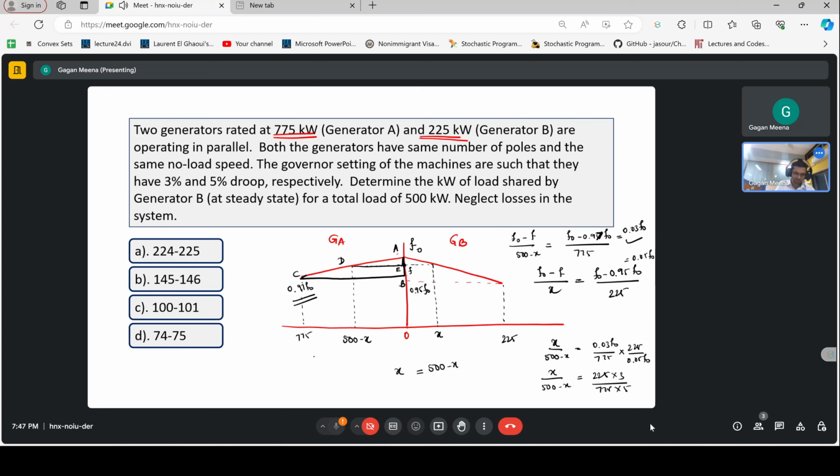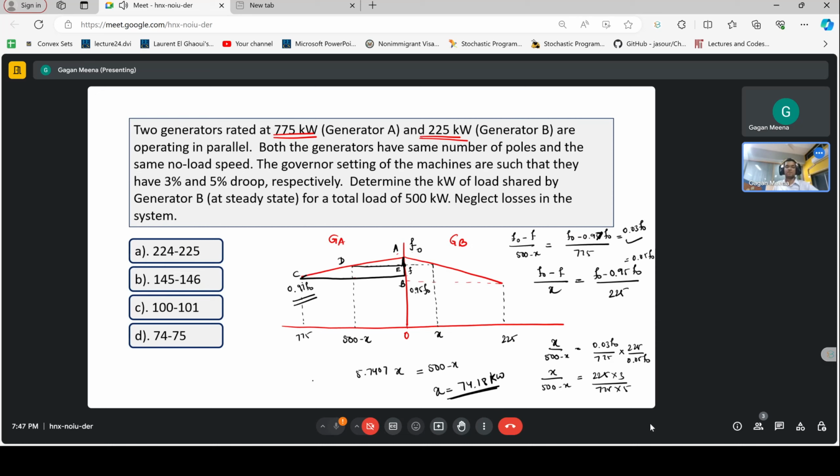So X here will be 74.18 kilowatts. Similarly, the rest is 500 minus X, remaining 500 minus X by generator A. Kilowatt of load shared by generator B at steady state we have calculated.